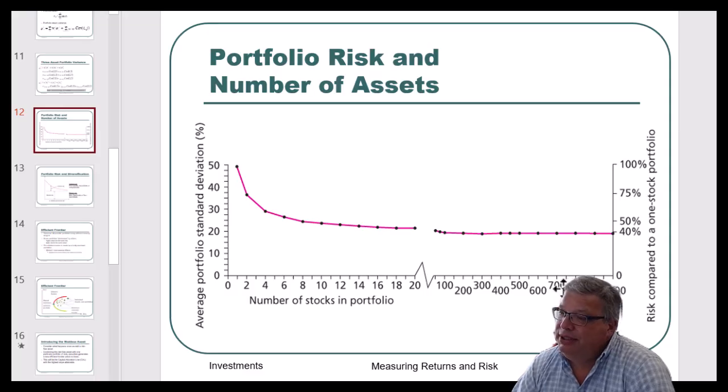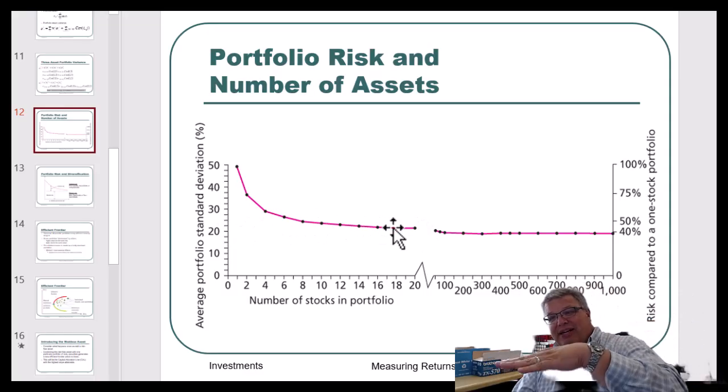And so in the U.S. markets, there's something like 2,000 some stocks. And so imagine if we have one average stock, we've got a standard deviation of 50%. But once we get to about 20 stocks, that standard deviation goes down to the low 20s. But then it kind of flattens out.